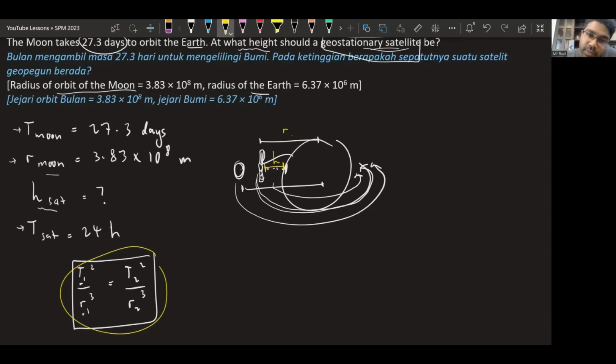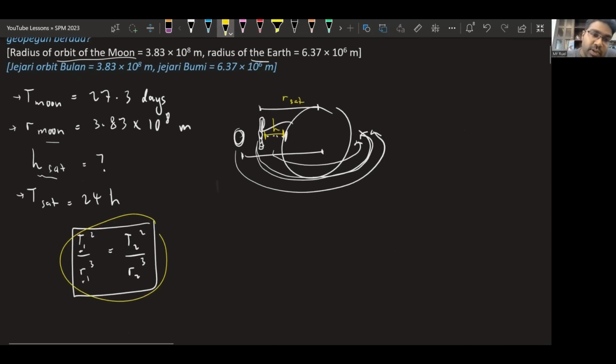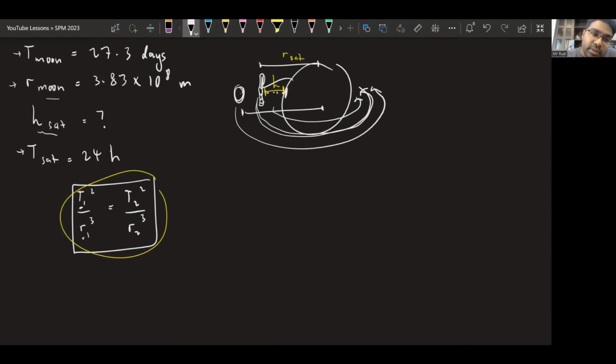So if we use the formula, we can put the radius of the satellite on top. So radius of the satellite cubed over the orbital period of the satellite squared is equal to radius of moon cubed over orbital period of moon squared.